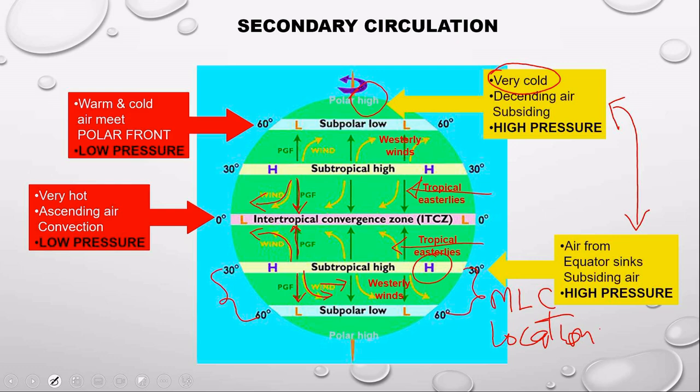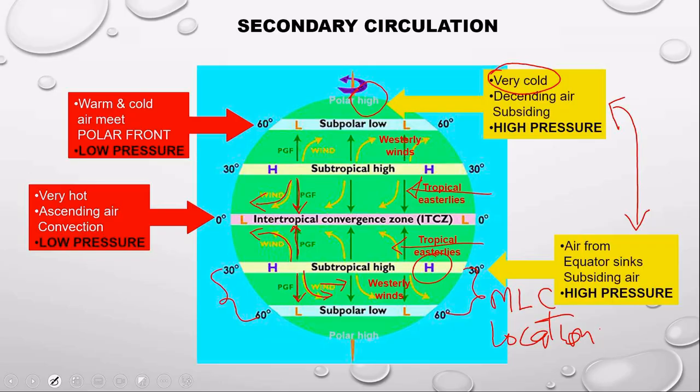Already, if you're a wise learner, you know that that is the effect of the Coriolis force, because the Coriolis force is a deflecting force. It deflects winds to the left in the southern hemisphere and to the right in the northern hemisphere. Now, in the tropical easterlies belt, that is where you get your tropical cyclones.